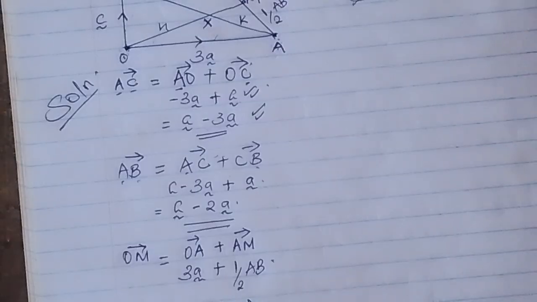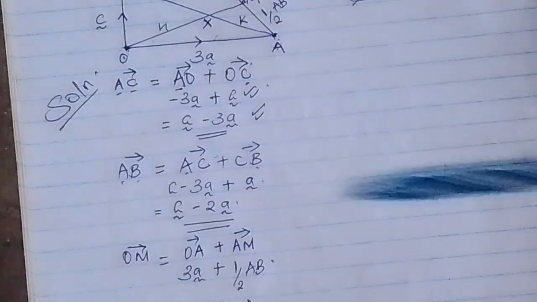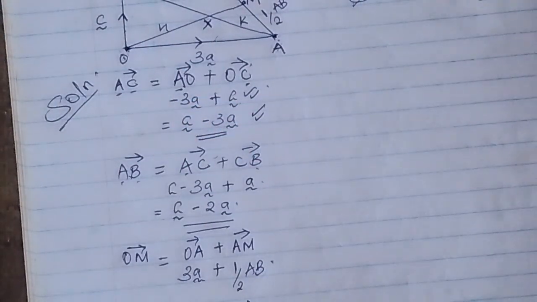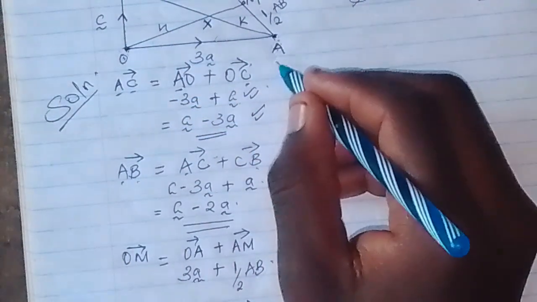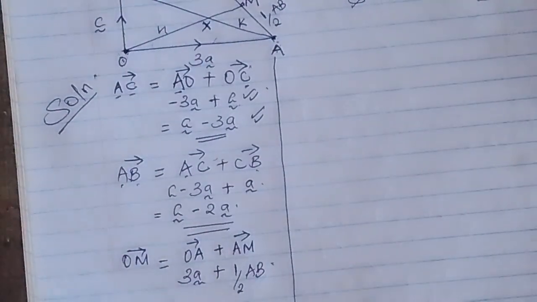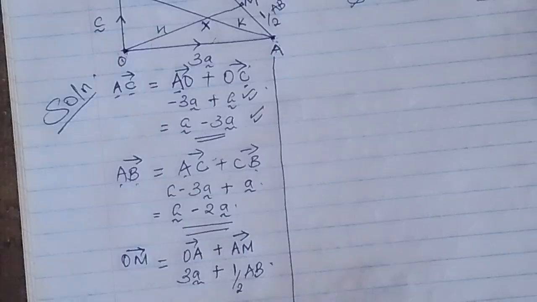So vector OM is 2A plus a half C, vector AB is C minus 2A, vector AC is C minus 3A.